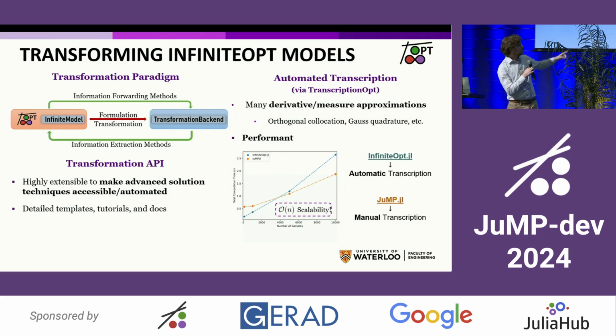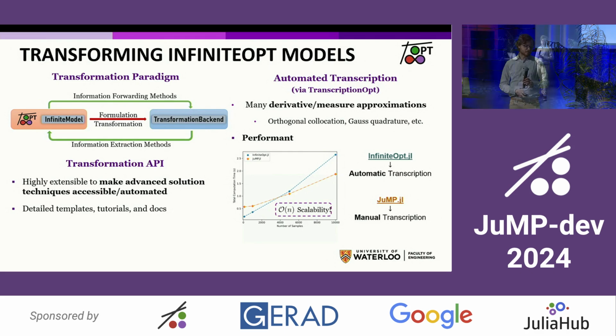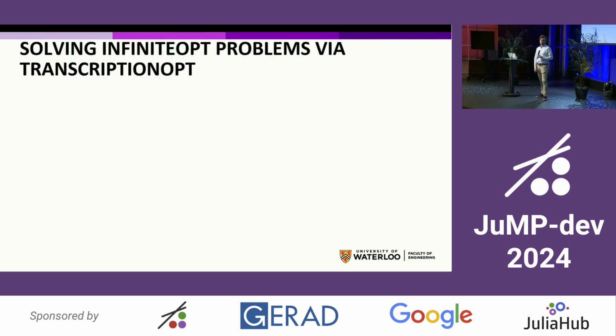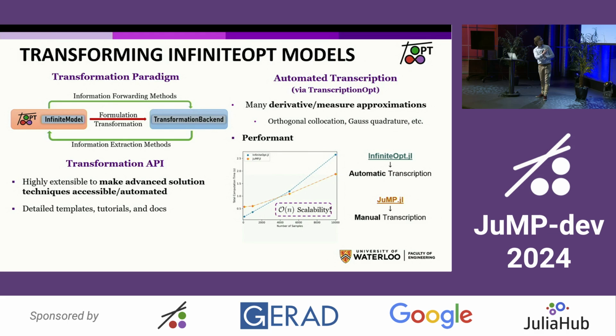It's not really a fair comparison, but if we compare manually hard coding those formulations against having InfiniteOpt automatically make them for you, against JuMP, we scale relatively favorably. It's kind of cool to see that we can even make that comparison. We were proud of the order n scalability because similar tools would tend to be order n squared, so getting linear scaling was pretty cool.